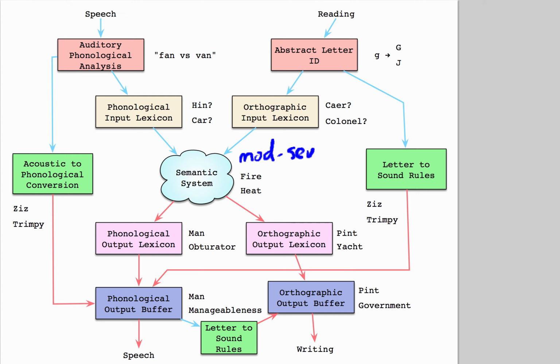Well, based on this model, we should see a certain kind of pattern, right? We should say that they will have moderate to severe reading problems. They will have moderate to severe difficulty with auditory comprehension. They will have moderate to severe difficulty expressing themselves. And they will have moderate to severe difficulty writing.